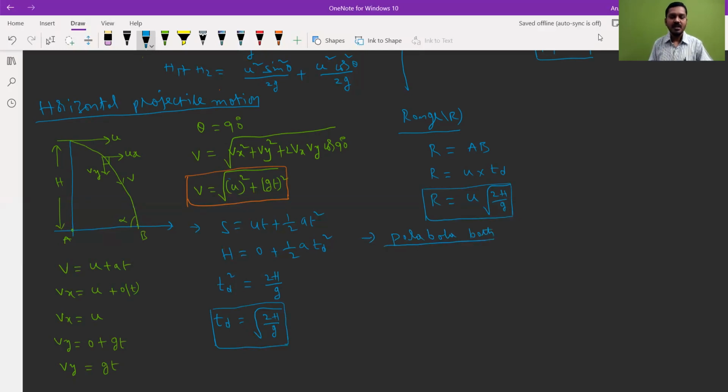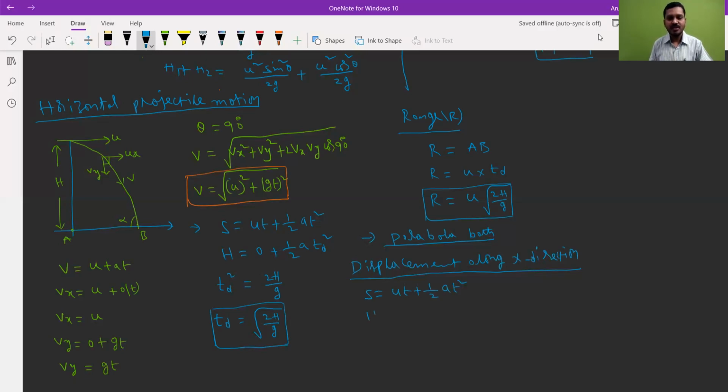Okay, first here I am taking the displacement of the body along the x direction and y direction separately. First, displacement of the body along the x direction. From the equation S is equal to ut plus half at square, S is equal to ut plus half into at square.